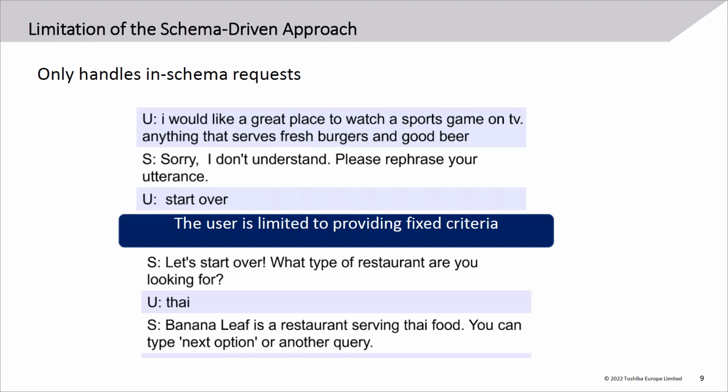And in our previous work, when we were giving users flexibility to specify their search queries without limiting them to specific goals, we found that in the majority of cases, the users would specify something that is outside of the structure in this particular domain, restaurant search.